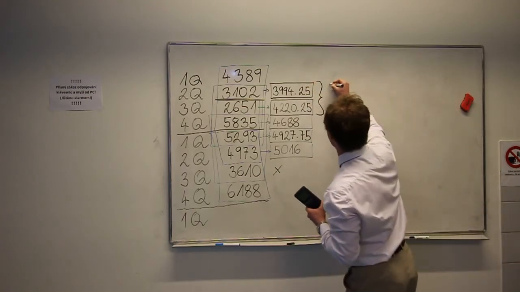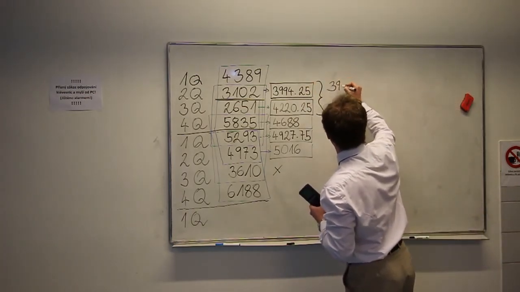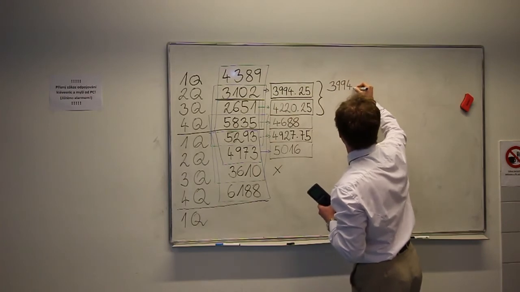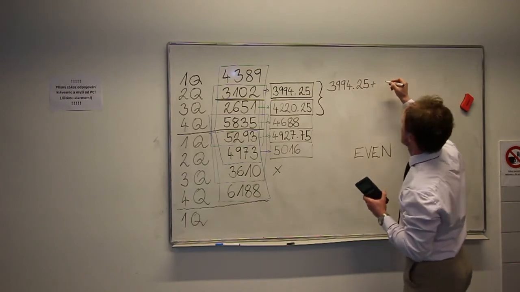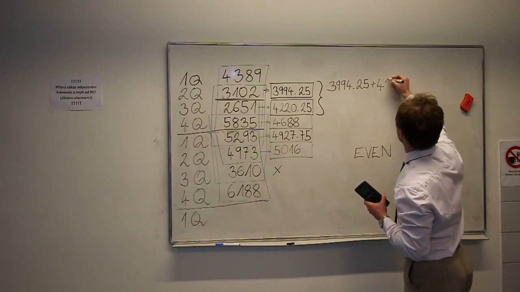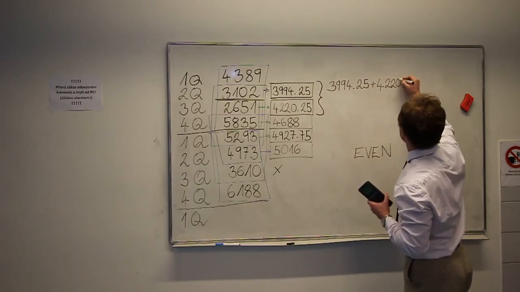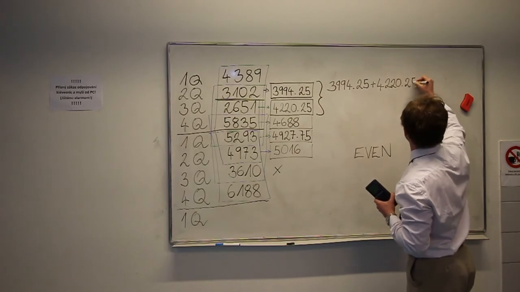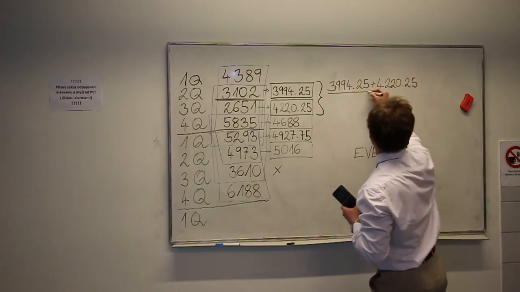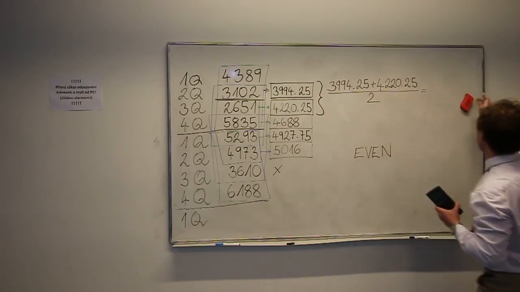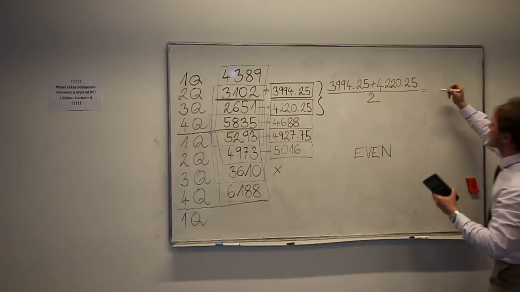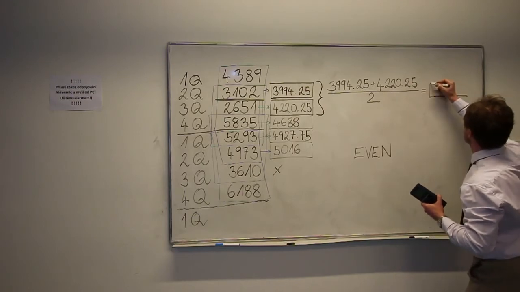So 3,994.25 plus 4,220.25 divided by 2 is equal, and this will be the first final result.